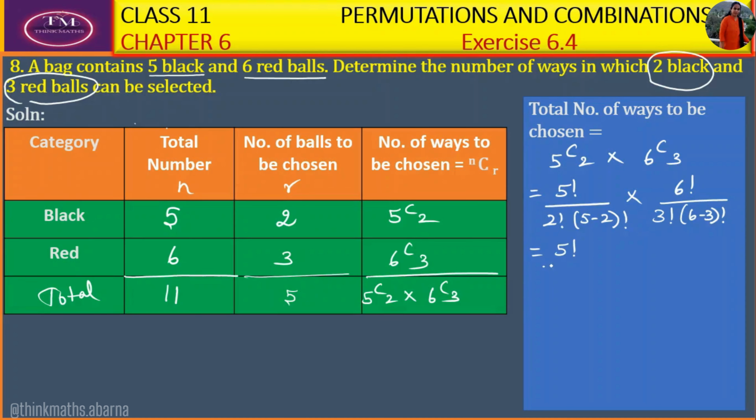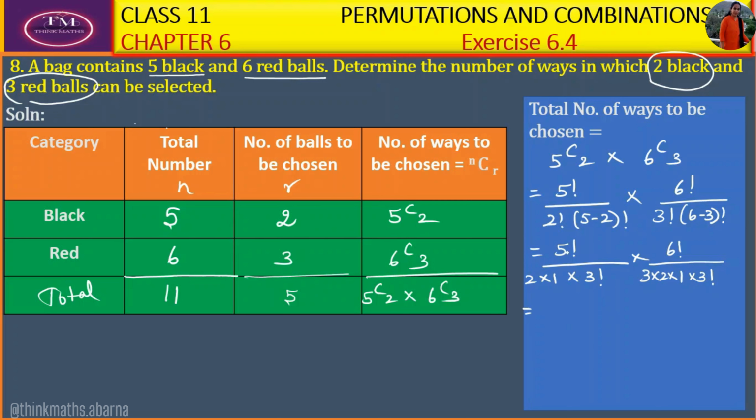So 5 factorial divided by 2 factorial is 2 into 1. 5 minus 2 is 3 factorial. 6 factorial divided by 3 factorial is 3 into 2 into 1. 6 minus 3 is 3 factorial.